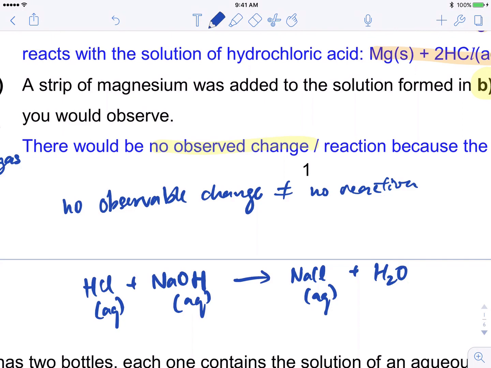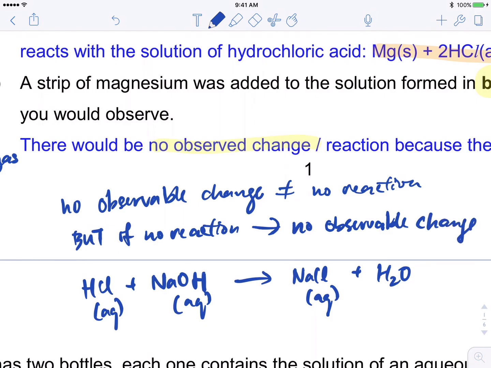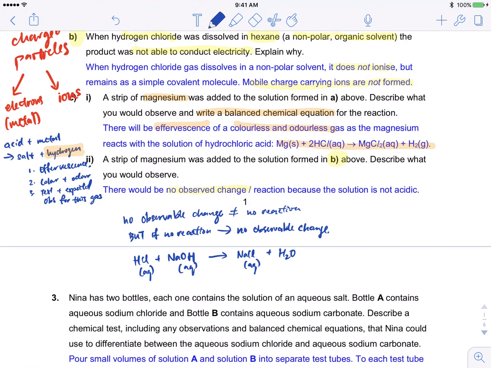So it's not true that no observable change equals no reaction, but if no reaction has taken place, then definitely there will be no observable change. Okay, that's a digression. So what you observe is there's no observable change.